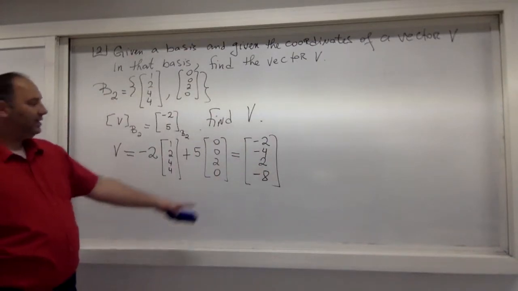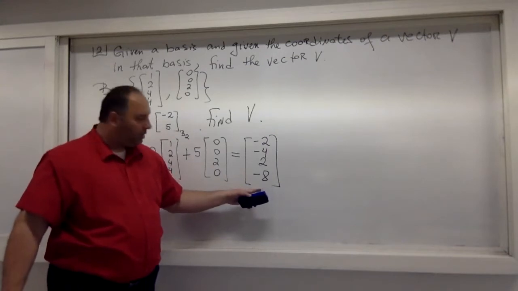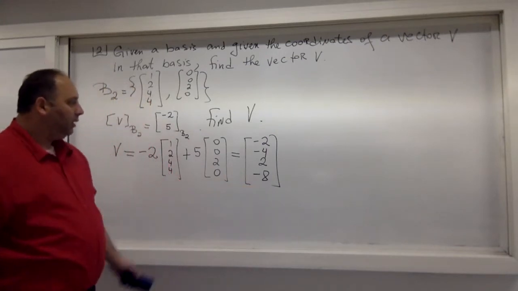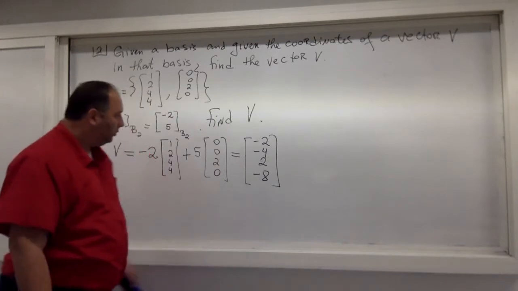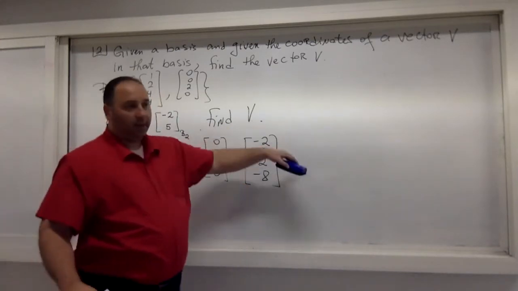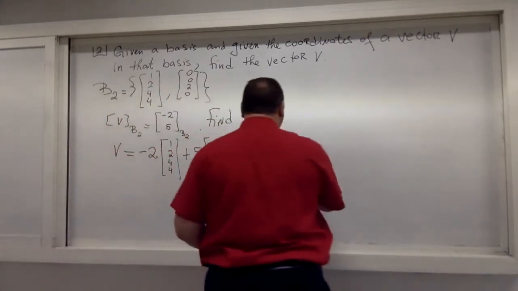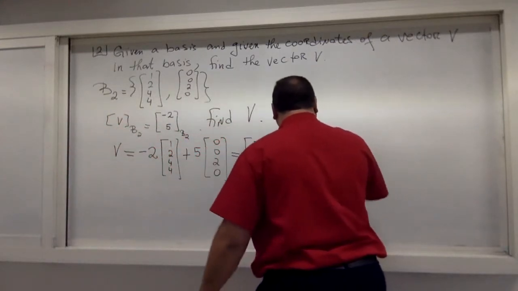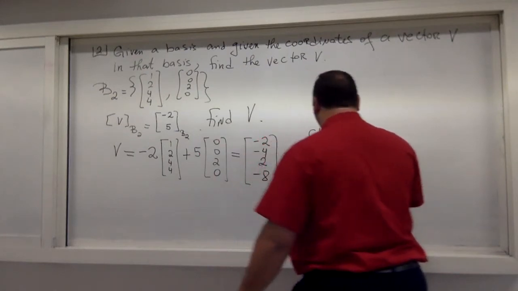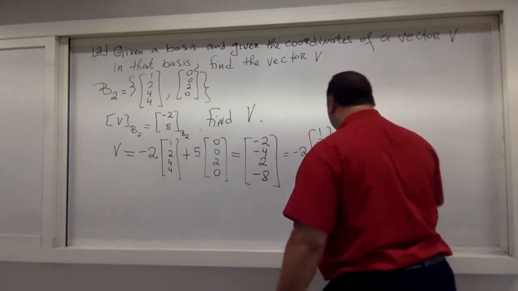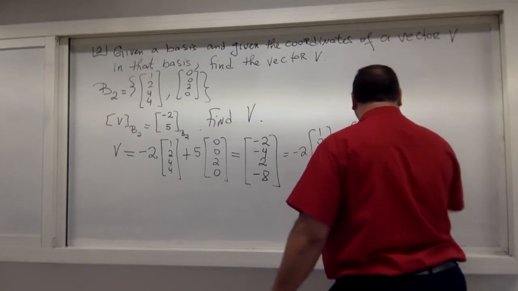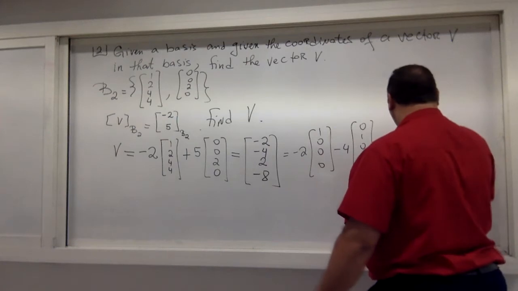Now, obviously, you understand that these are, at the same time, the coordinates of V in the canonical basis of R4. Well, that's obvious. It's minus 2 times 1, 0, 0, 0, plus minus 4 times 0. Or you can write it if you wish, just for fun. So what we have as a vector is actually its representation in the canonical basis.